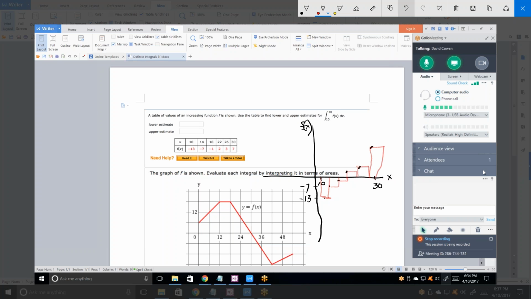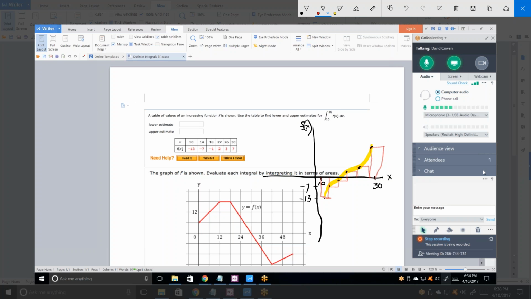Now, in yellow, I'm going to graph what that function might look like if it were continuous. Okay? And it looks like above the x-axis that my red rectangles are the lower estimate, right?